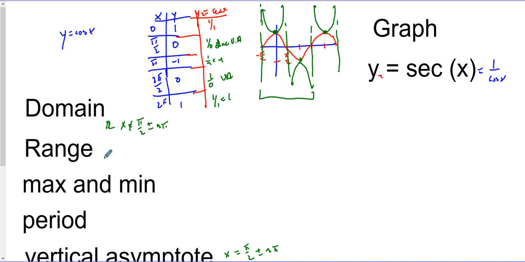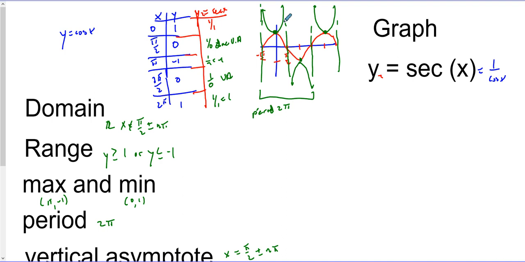The range is just like the range of the cosecant graph: y values greater than or equal to 1 or less than or equal to -1. We have a min a little bit different, a min right here at 0 and 1, and then you have some other ones, and they keep on going. And you can see you have a max right there at pi and -1. And our period, just like cosecant, is 2 pi, because it repeats every 2 pi units.